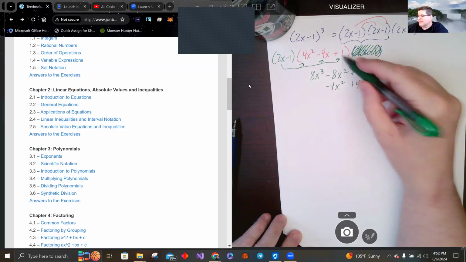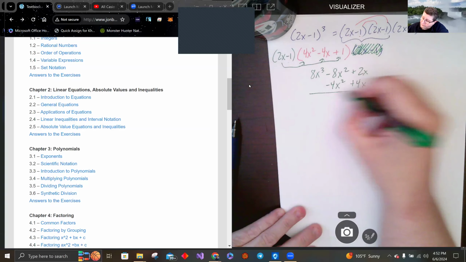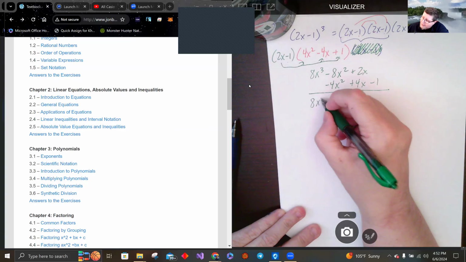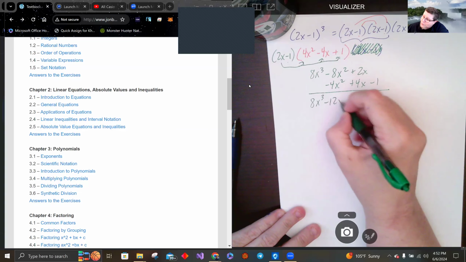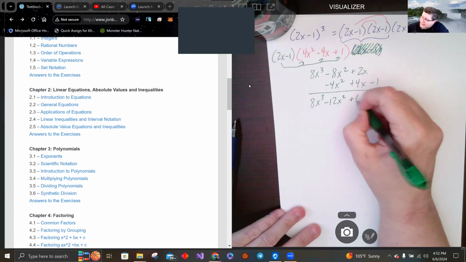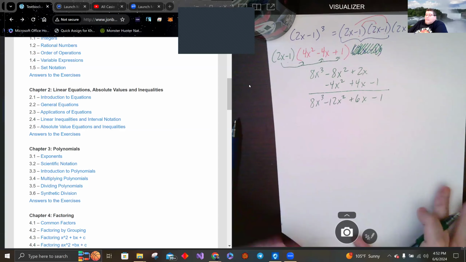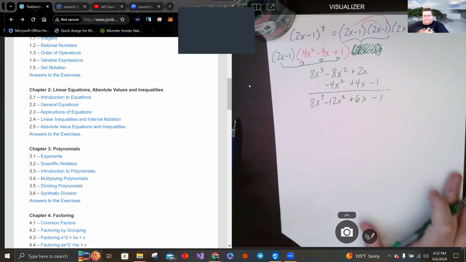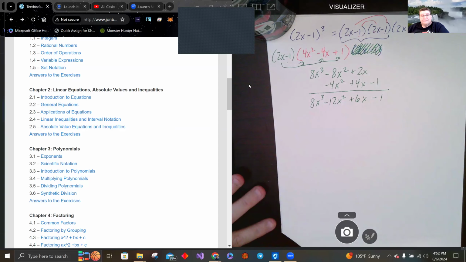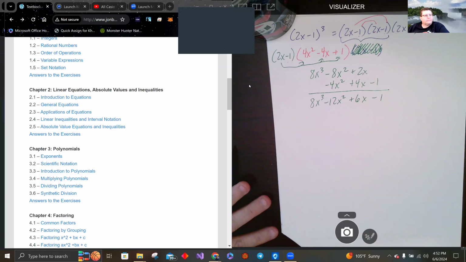And positive 1 becomes negative 1. This ends up being 8x cubed minus 12x squared plus 6x minus 1. Okay. And I think that's good.